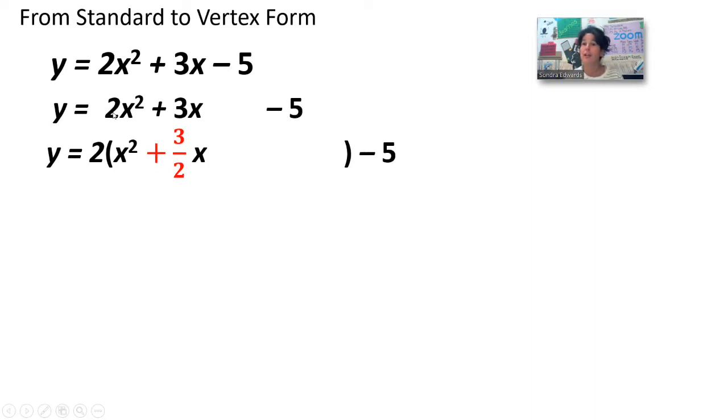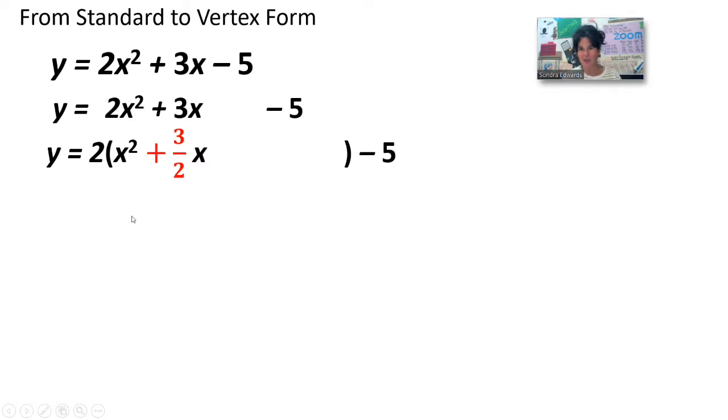Whatever number you're trying to factor out, what you really did was divide by the number you were factoring out. So 2 divided by 2 is 1, forcing that leading coefficient to be 1. And then 3 divided by 2, because 2 is what we're taking out, is 3/2.